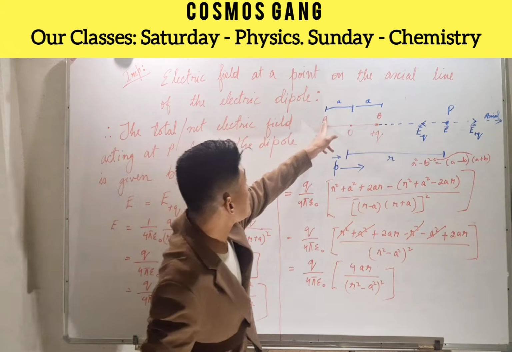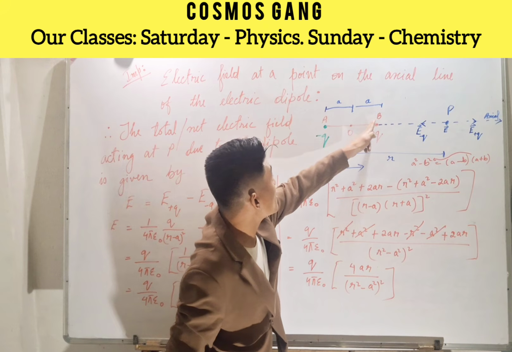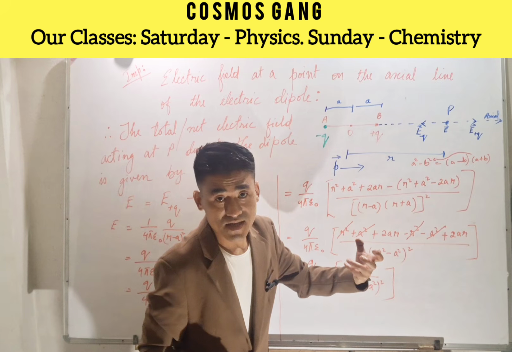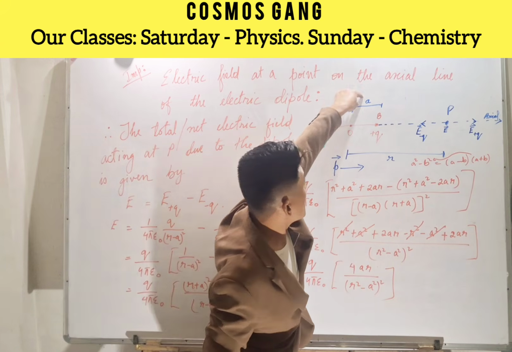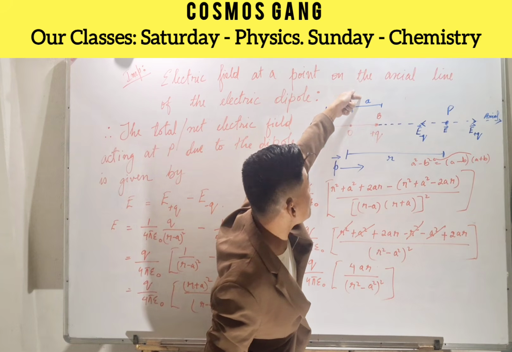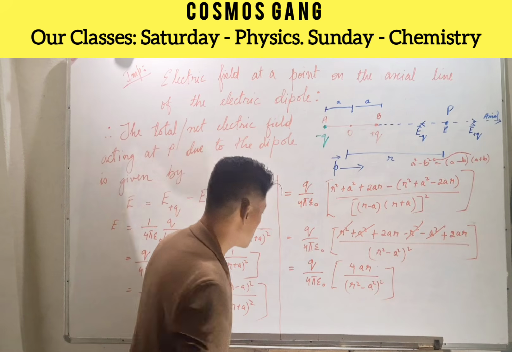Now we know that these two charges are separated by a very small distance. So if I take a half, it is going to be even smaller. Therefore, comparing this A with R, A is going to be very less, so we are going to neglect it compared to R.